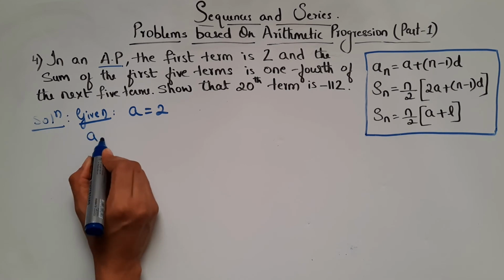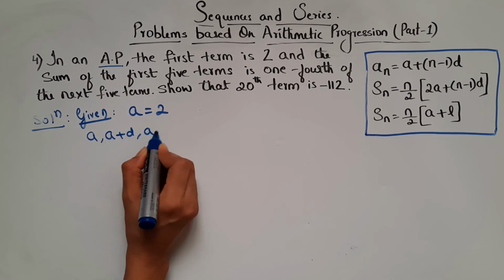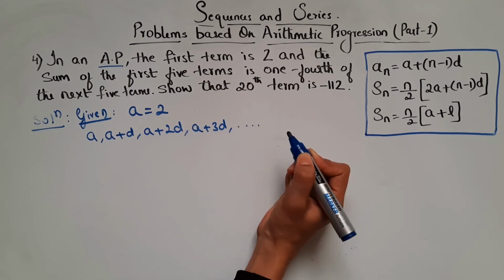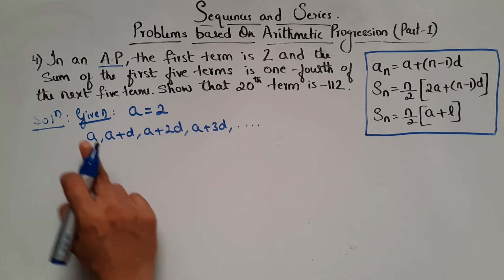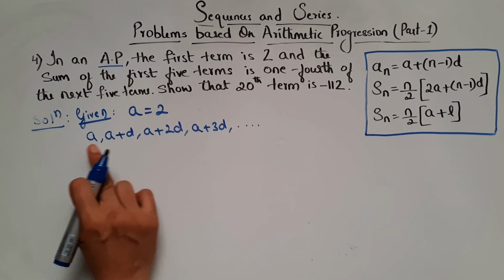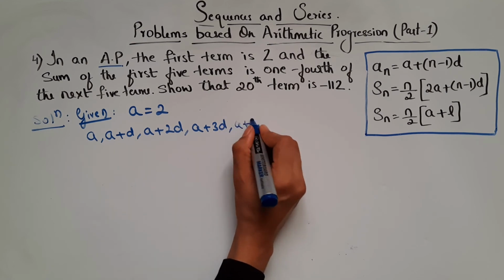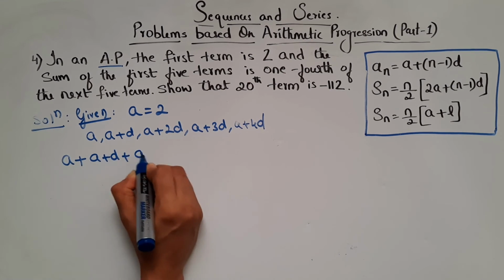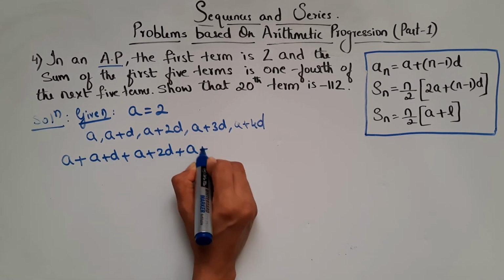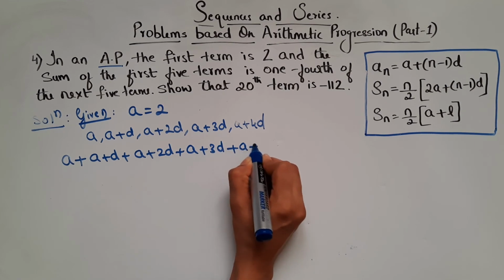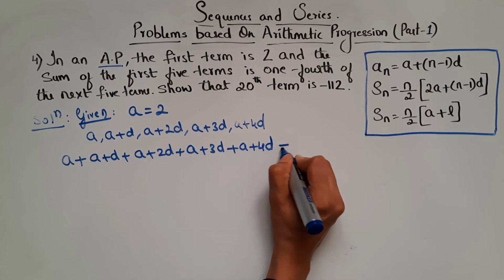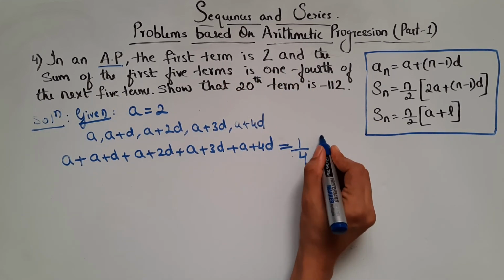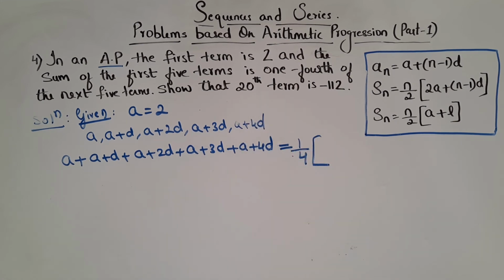We know in AP, the terms are a, a plus d, a plus 2d, a plus 3d and so on, right? So the first 5 terms, 1, 2, 3, 4, and we know a plus 4d. So their sum: a plus d, plus a plus 2d, plus a plus 3d, plus a plus 4d is equal to 1/4 of the next 5 terms. What are the next 5 terms?